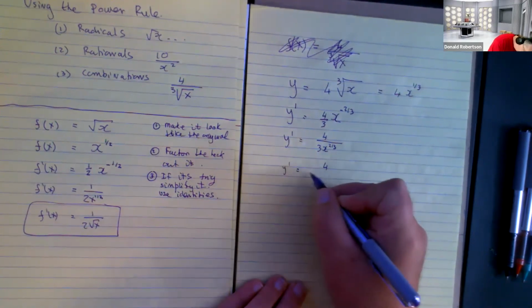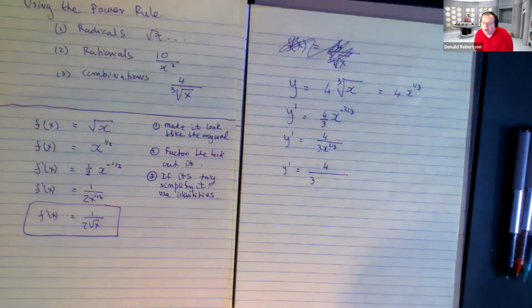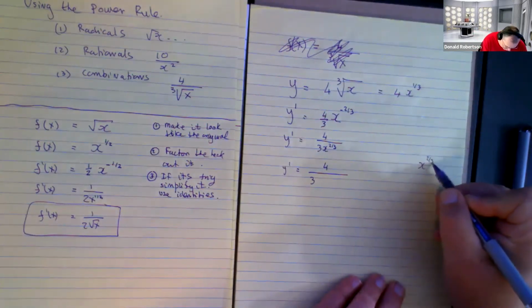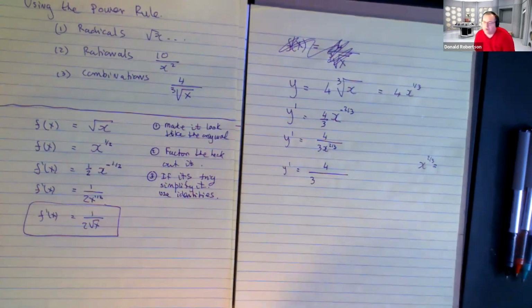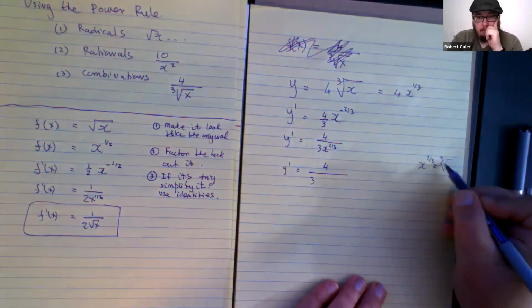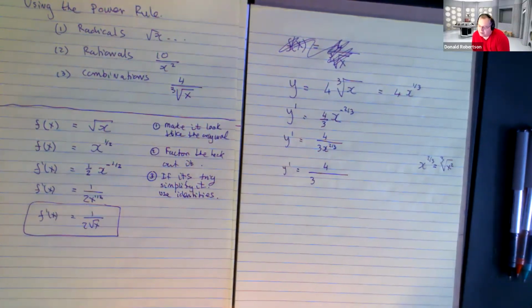And this is going to test your memory. How do you write x to the 2/3 as a radical? Cube root x squared. You're comfortable with that? You'll remember that?